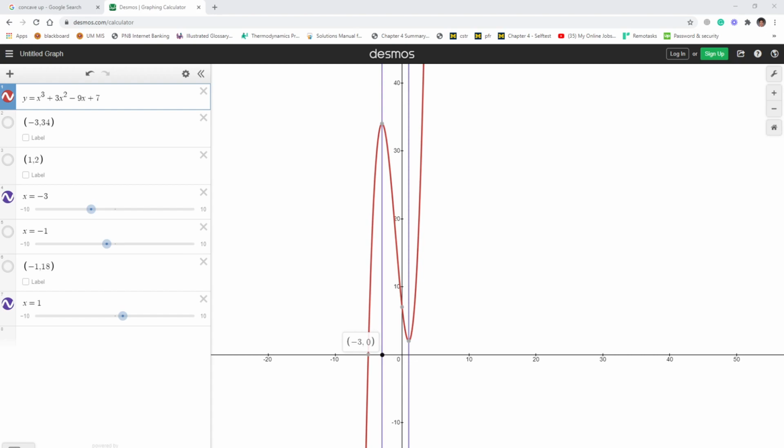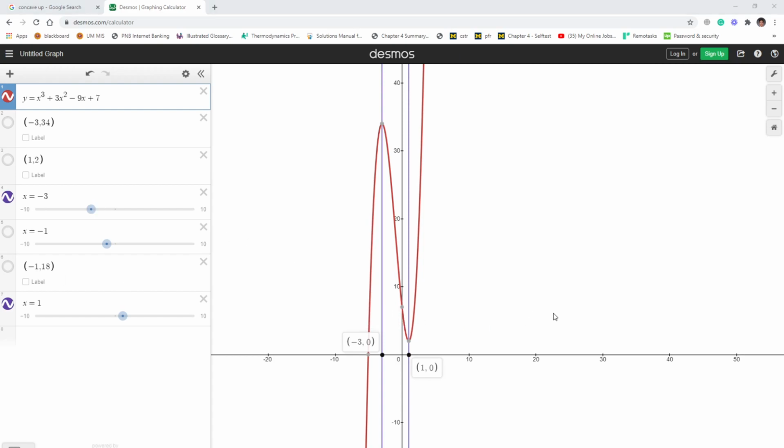So you can see that in the interval from negative 3 to positive 1, our function is decreasing. It is going downward in that interval.